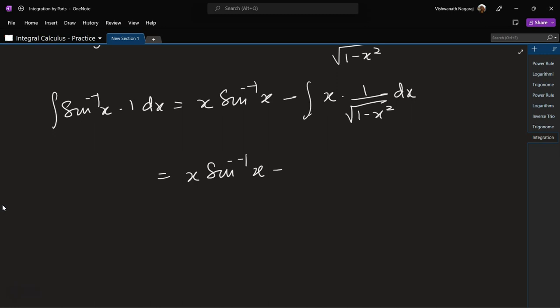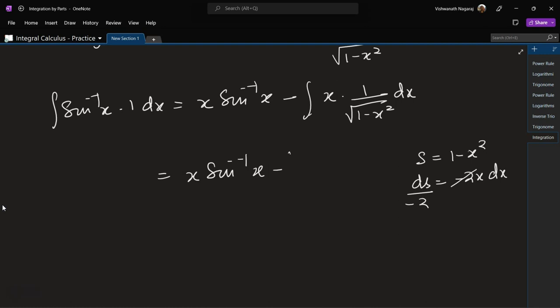So let's do this. Let's say s is equal to 1 minus x square. So ds would be minus 2x dx. Here what we have is x dx. So let's take this minus 2 to this side.